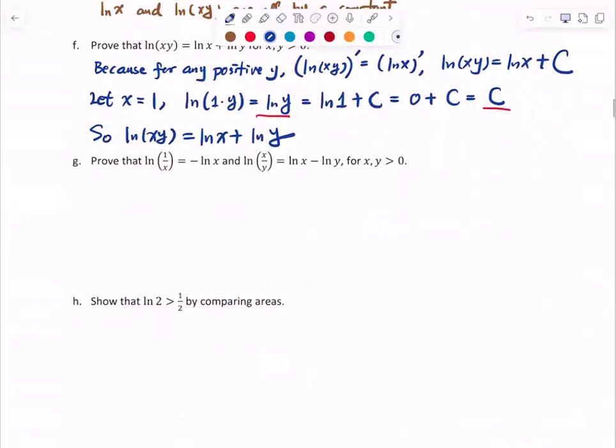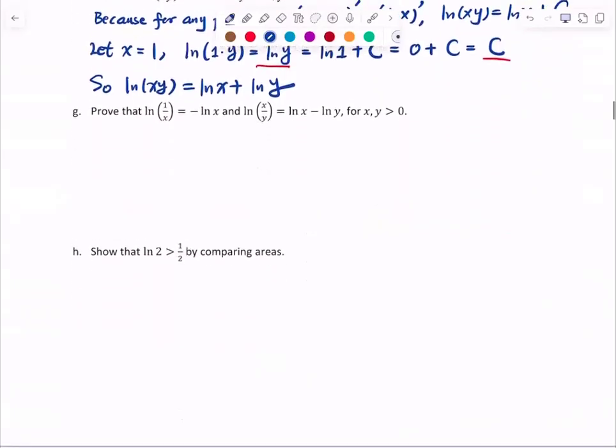Let's do this easy one first. Let's do the h first. I want to use the opportunity to review the fundamental theorem of calculus a little bit, because we talked about it, but I didn't draw the picture for it.